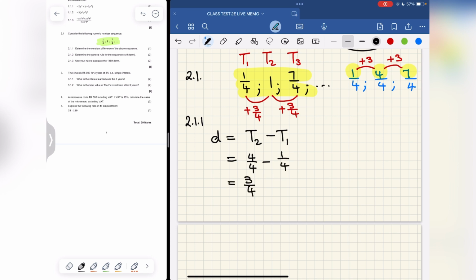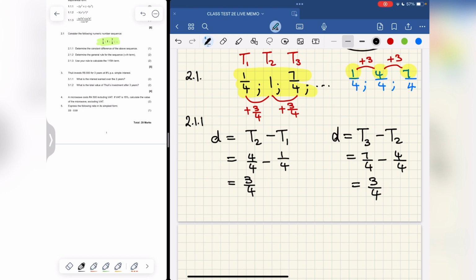But then this has to be equal to term 3 minus term 2. Now term 3 here is 7 quarters, and term 2 is 4 quarters, or 4/4, and that also gives me 3 quarters. So that's how I know that the difference is constant.